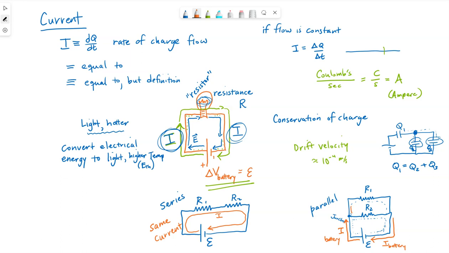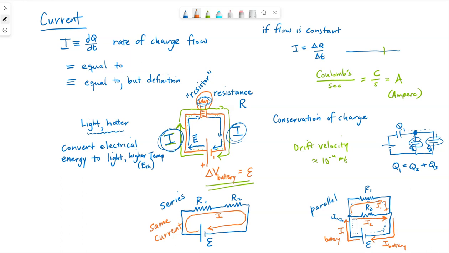Some of the current will come up through R1 and back to the junction on the other side. We could call that an I1. But some of the current will go through R2, and we'll call that an I2.